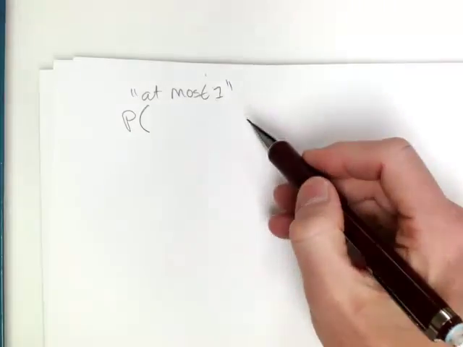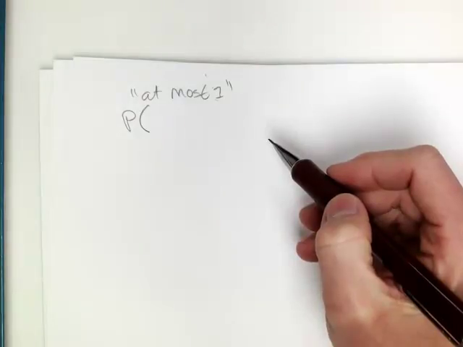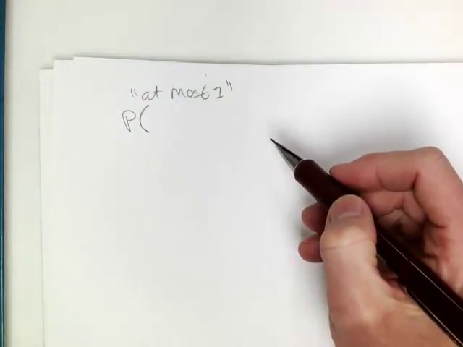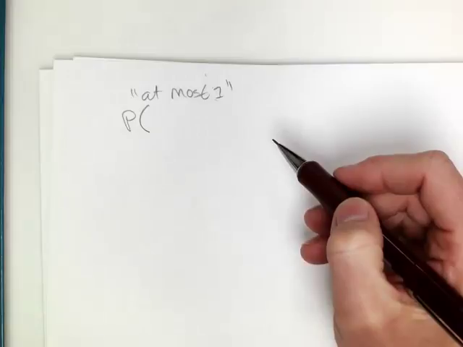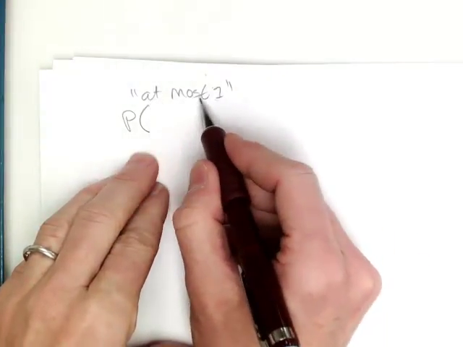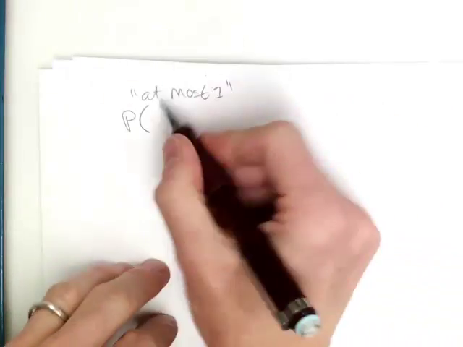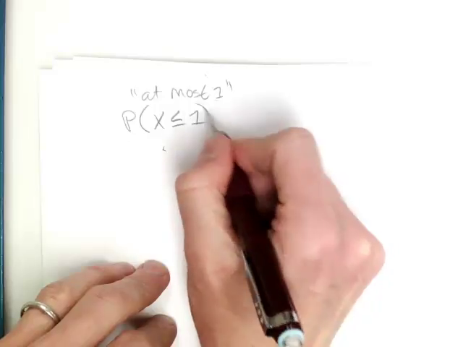Whether or not the case of equality is implied in the discrete probability case matters, so you pay attention to the wording of the problem. At most 1 includes the 1. So this is the probability x is less than or equal to 1.